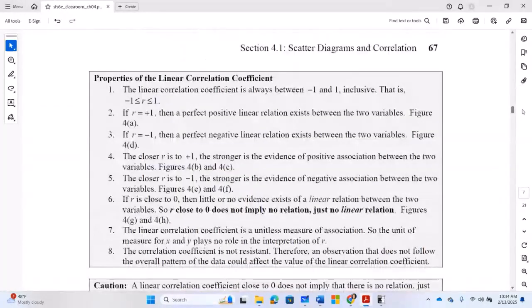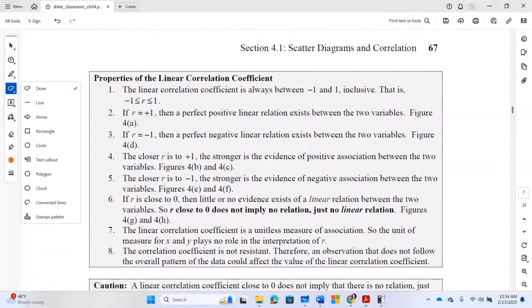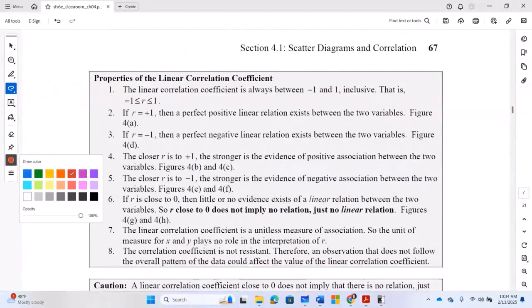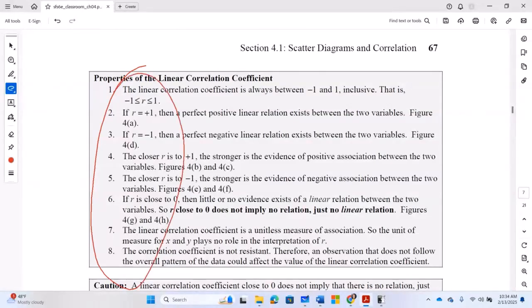And by the way, these are the properties of coefficient of correlation. We already talked about this. You want to make sure you know the properties of the linear correlation coefficient. Don't forget, you have to read this. All these properties, you must know them.